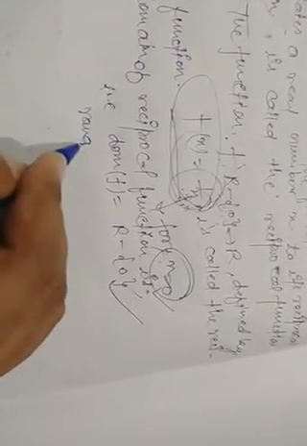This is the domain of the reciprocal function, and its range is also R, real values minus 0. So the domain and range of the reciprocal function are the same.